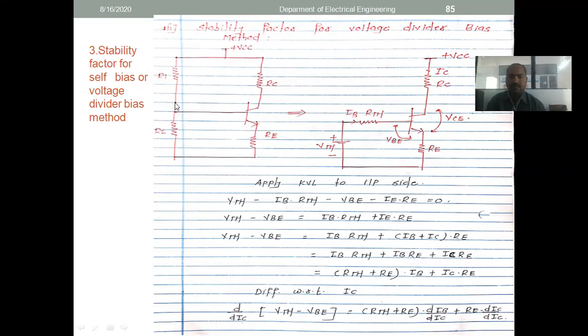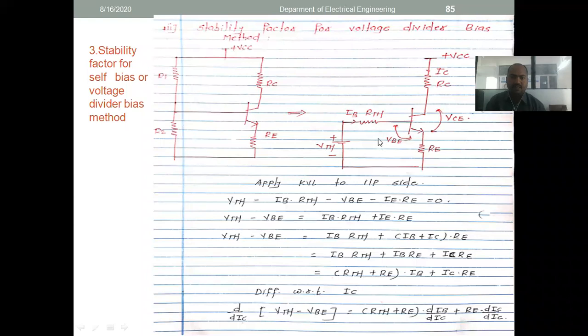See here, the voltage across R1 is called V1, and the voltage across R2 is called V2, right? So when we apply Thevenin's theorem, R1 and R2 should be considered as an RTH of these two resistances. This is the resistance RTH, and the voltage across these two resistances is called VTH, that is called Thevenin's voltage, right?